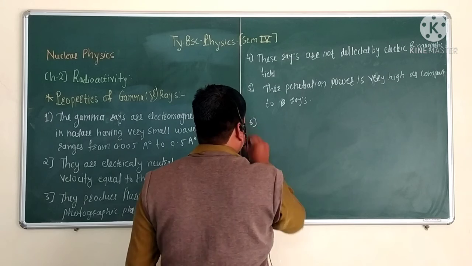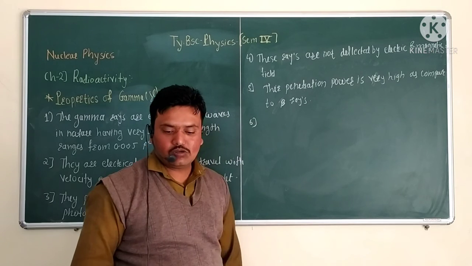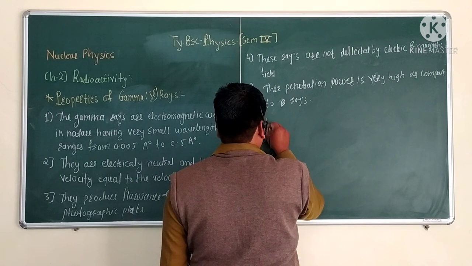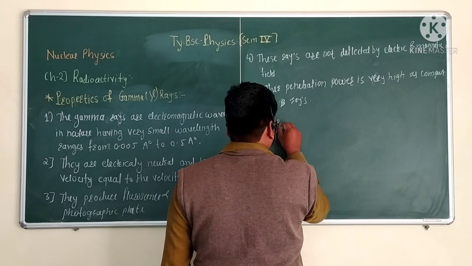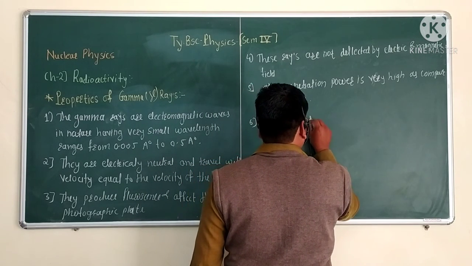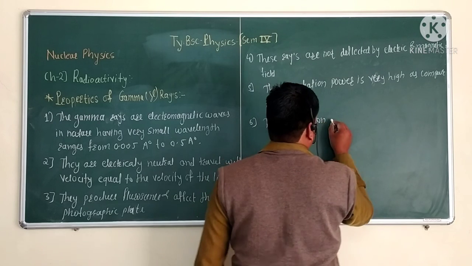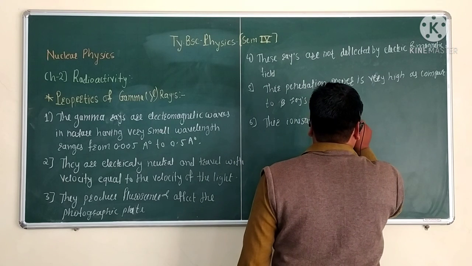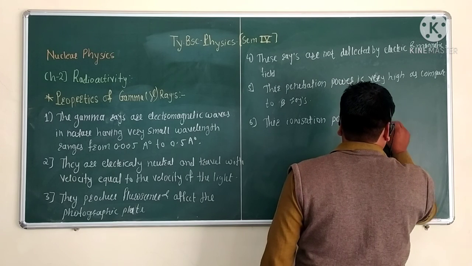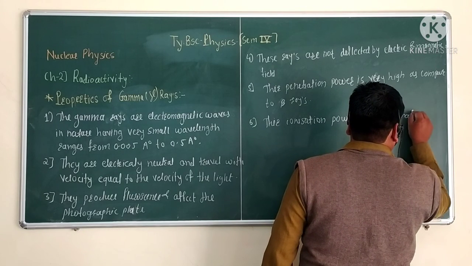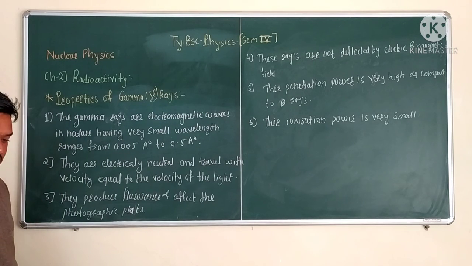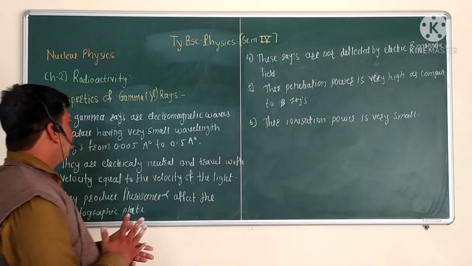And the next point concerns ionization power: their ionization power is very small. Okay, so these are the properties of the gamma rays.